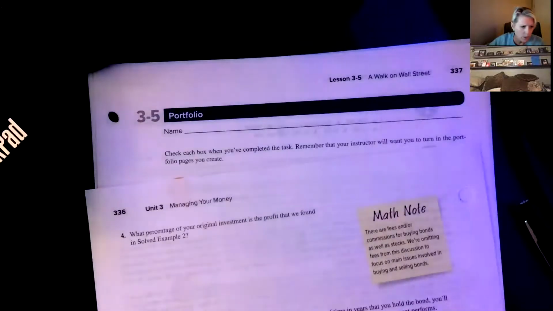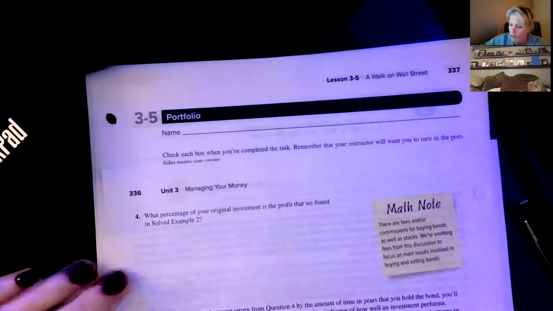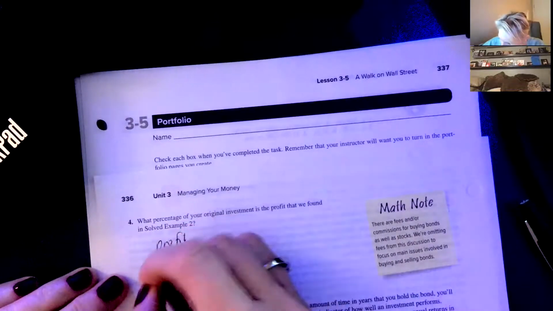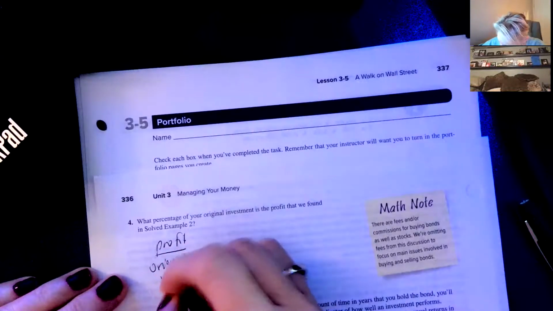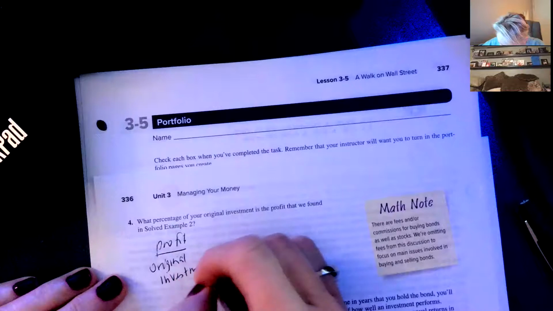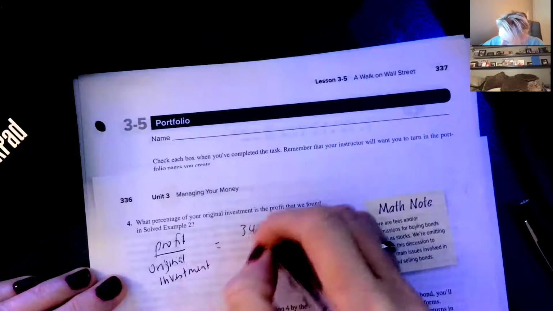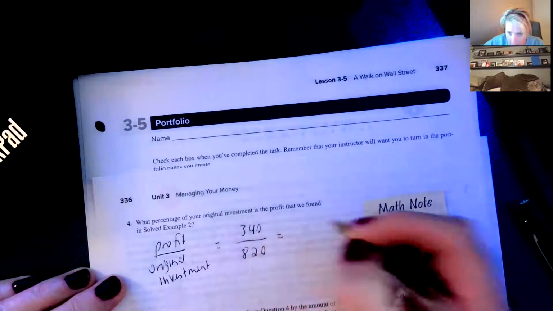So on number 4, it's asking us what percentage of your original investment is the profit that we found in solved example 2. So our profit out of the original investment is going to be 340, the profit out of, we only invested 820.